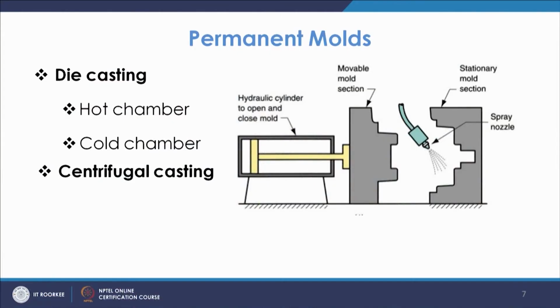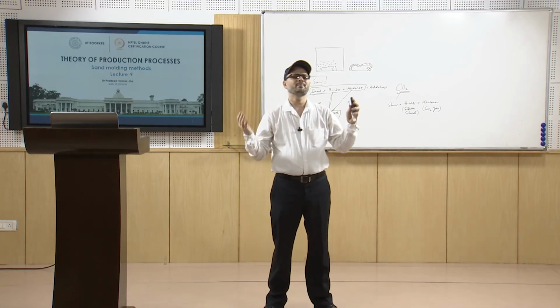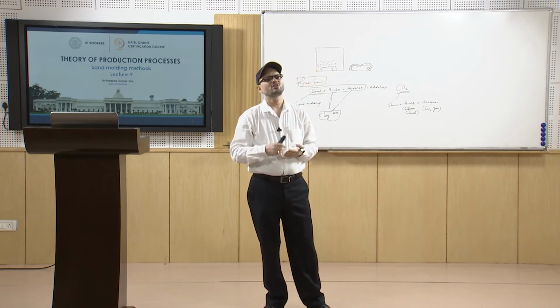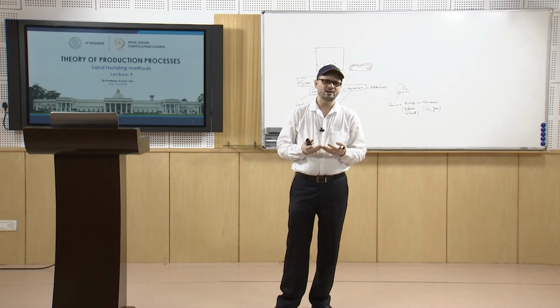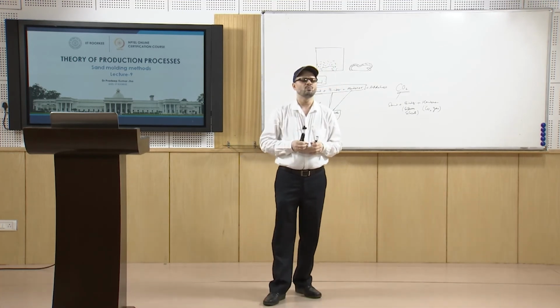You can use cores either of metal or even sand, and the molten metal goes into the cavity. Because the molten metal is in a metallic mold, whose thermal conductivity is higher, solidification takes place early. That is known as a permanent mold.